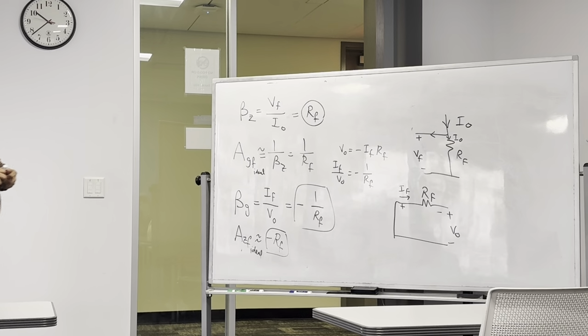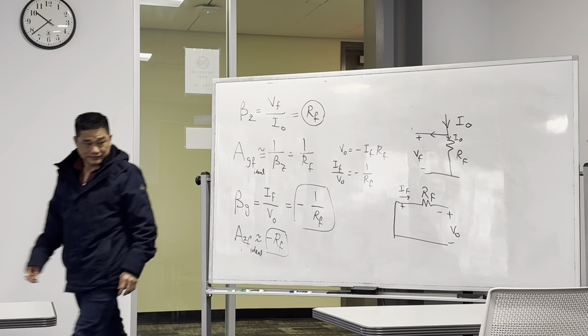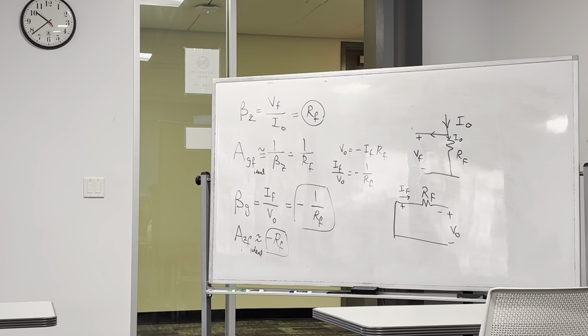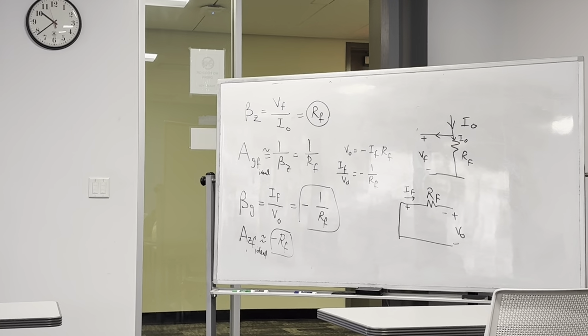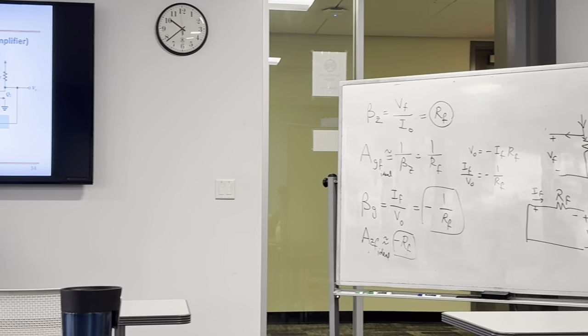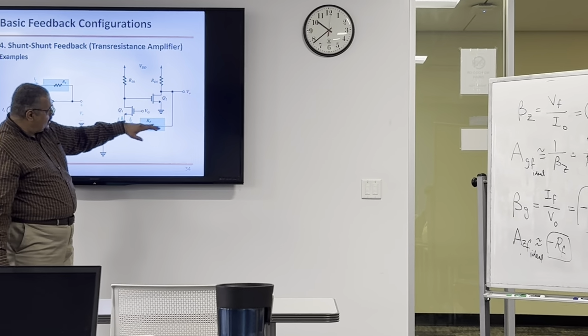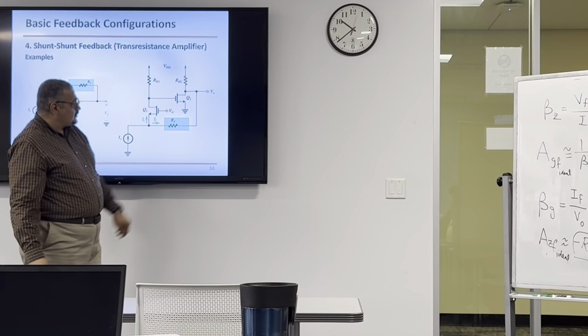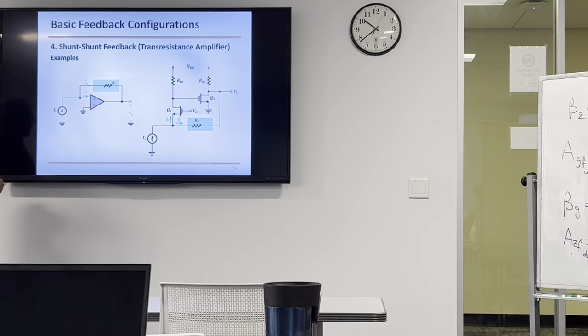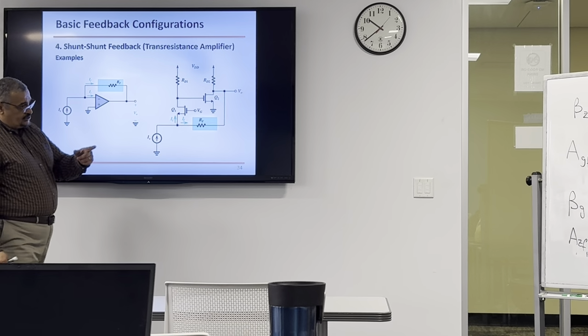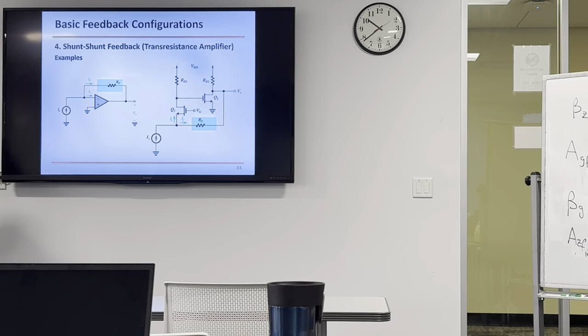But in reality, it's going to be less than that. You think this is the same or not? Same. IF goes this way, multiplied by RF gives you negative VR. Same thing. IF times RF gives you negative VR. So in both cases, beta G is going to be 1 over R.